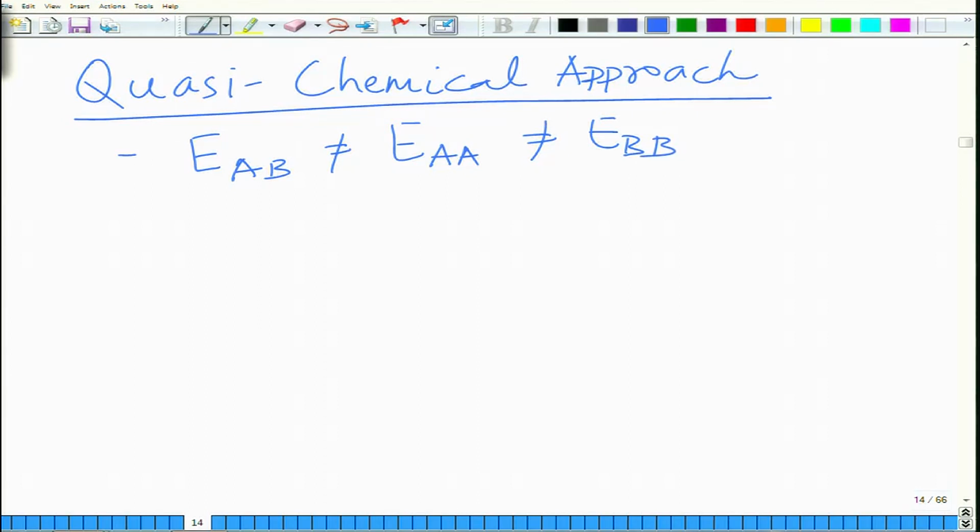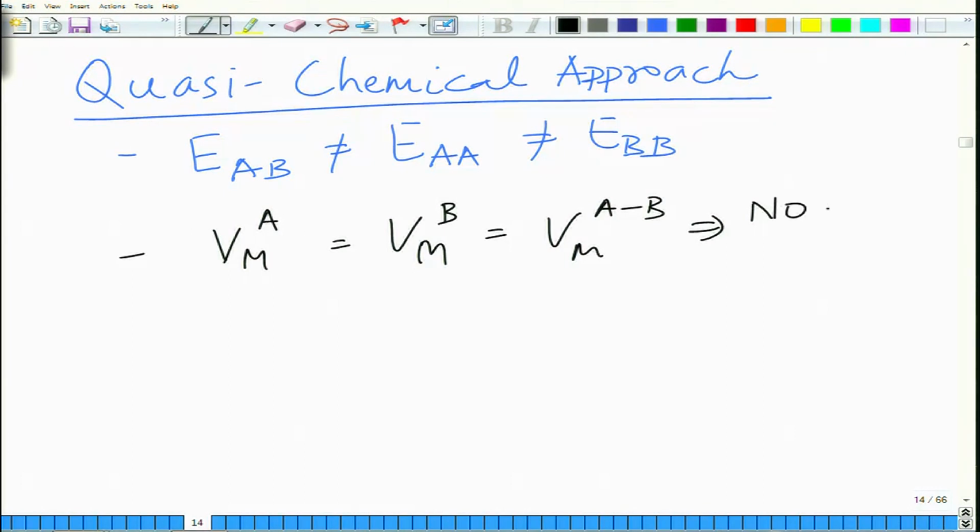So, when they are different atoms, the bond energy of A, bond energy of B and bond energy of AB are not the same as each other. However, for the sake of simplicity, we take Vm of A to be equal to Vm of B, which is equal to Vm of AB. We do not take any change in molar volume after mixing.